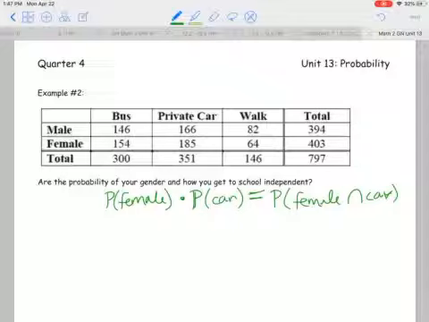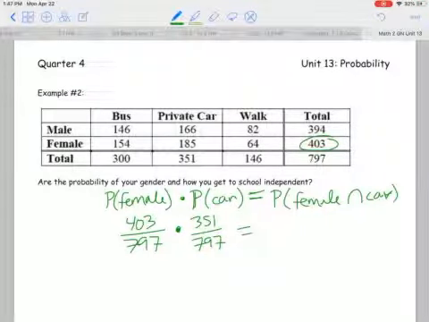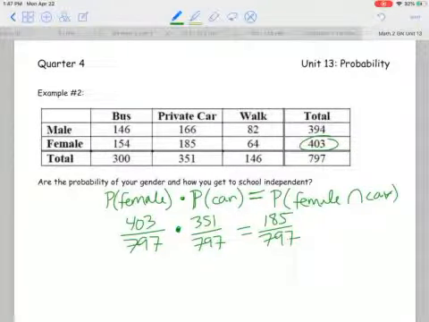So for me, female, the total females is 403 out of our total study. Remember, don't use the conditional since there's no bar here. And then my probability of a car is 351 out of 797. And the probability of intersecting is 185 out of that 797. And for these ones, it might be tricky to get these to be nice, pretty numbers.